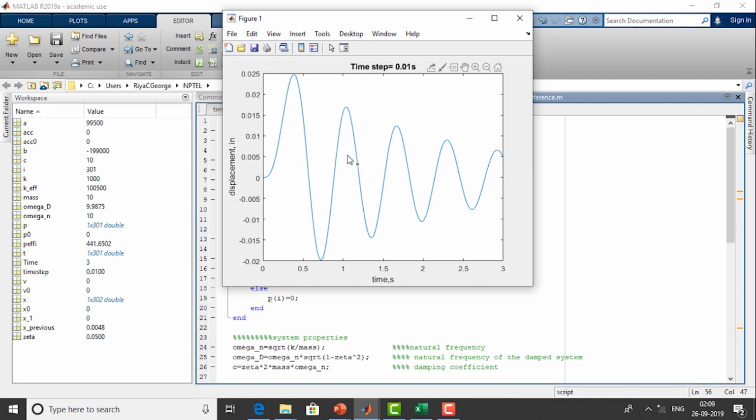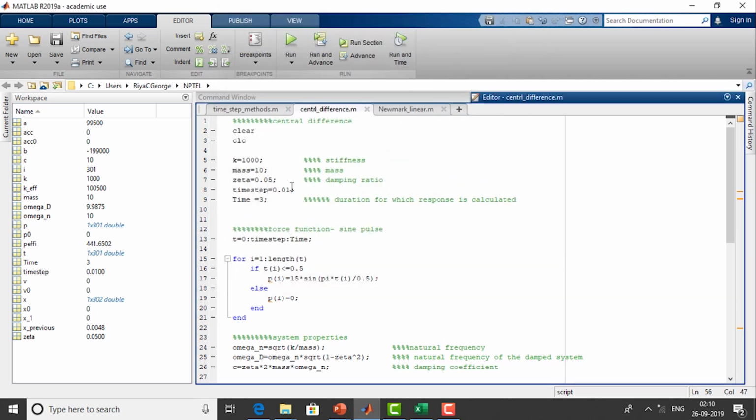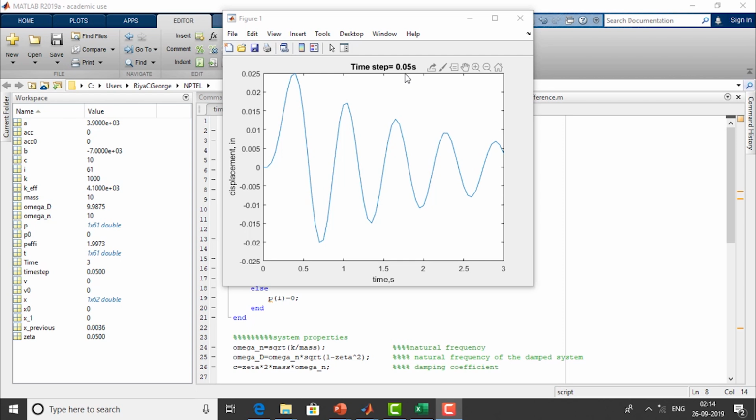Let's find the response for an increased value of time step. Let's find it for 0.05 seconds. When the time step is 0.05 seconds, the response is approximately equal to the previous response with a time step of 0.01 seconds.